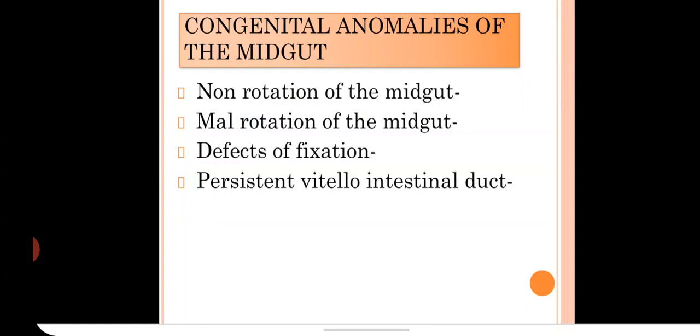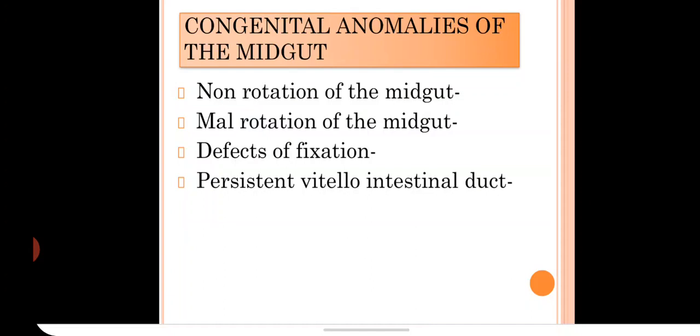So the midgut is first a straight tube, then forms the U-shaped loop, coming and staying in the extra-embryonic part for 5 weeks. In the extra-embryonic part, it undergoes 90-degree rotation anti-clockwise. At the end of the 10th week, it tries to enter the intra-embryonic coelom.